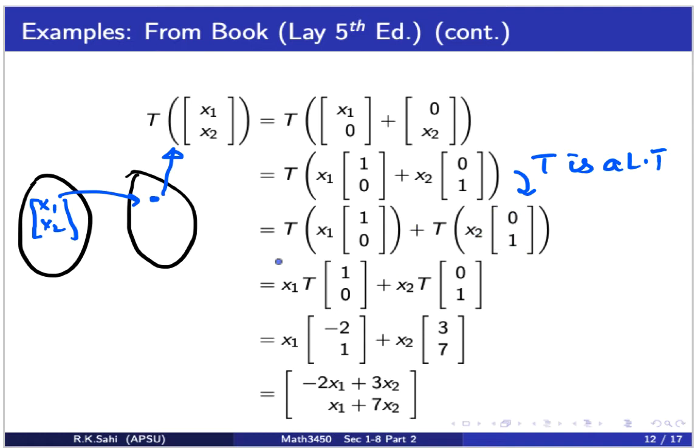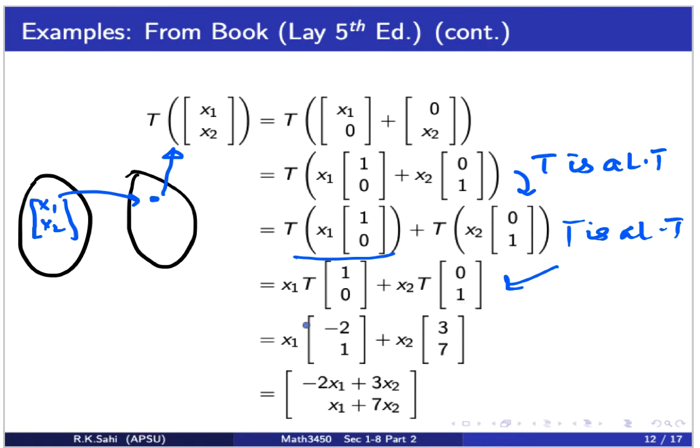Now let's look at this one. When T acts on a scalar multiplied to a vector, because T is a linear transformation, I can pull the scalar x1 out and write x1 times T of 1, 0. In a similar fashion, when T acts on x2 times 0, 1, I can take the x2 out. We get x2 times T of 0, 1.